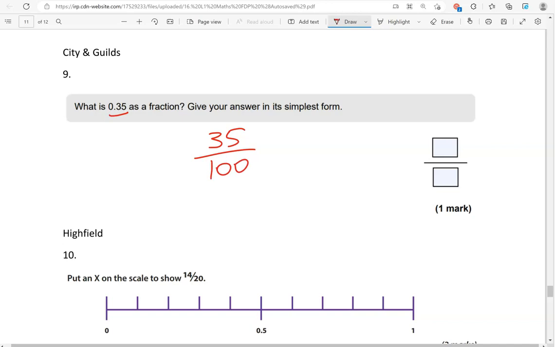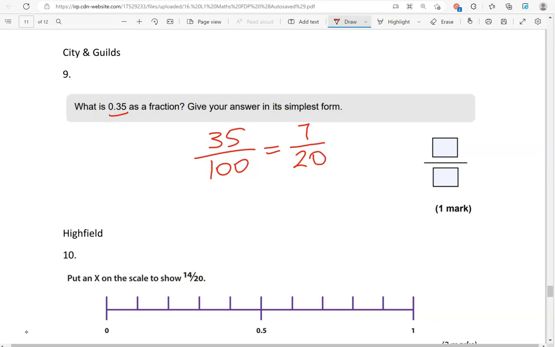We've got to give the answer in its simplest form, so we've got to keep going and simplify this. 35 and 100, one of them ends in 5, the other ends in 0, so that tells us we can divide both numbers by 5. 35 divided by 5 gives us 7. 100 divided by 5 gives us 20. Now looking at 7 and 20, can I divide both of them by 2 and have whole numbers?